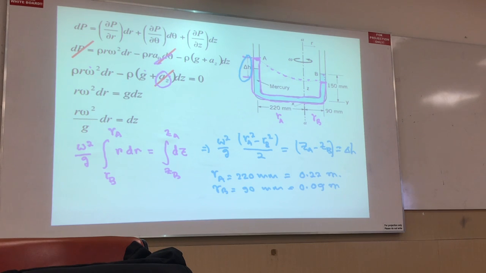And delta H is 75 mm, given, 0.075 meter. Then you substitute all the values here, and finally you get the value of omega.